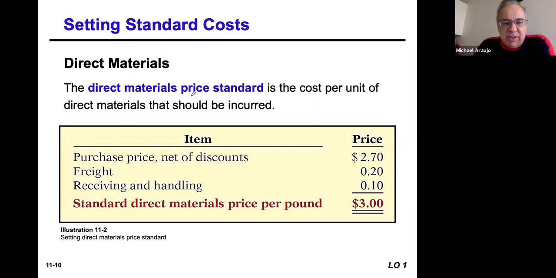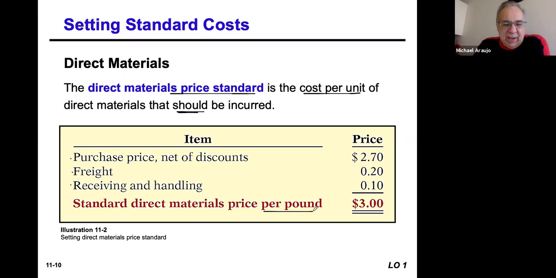For direct materials, the price standard is the cost per unit that should be incurred, what's expected under normal circumstances. For this particular item, and I don't know what this item is, you have a regular purchase price plus the freight plus receiving and handling.